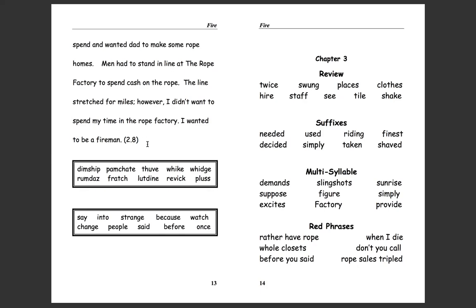Let's review a few sounds. Can you say this word for me? The second one. Palm chat. Palm chat. So you're saying aw. Is that an aw sound? Palm chat.